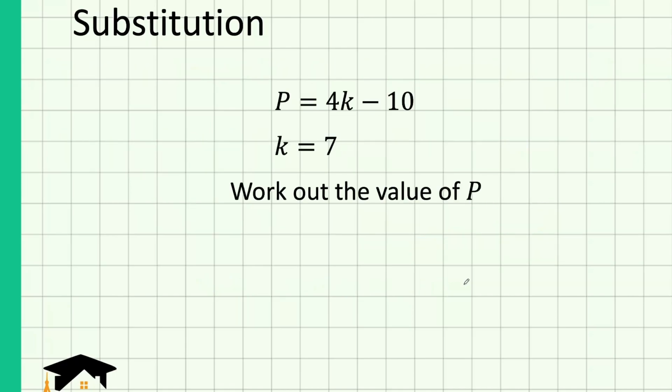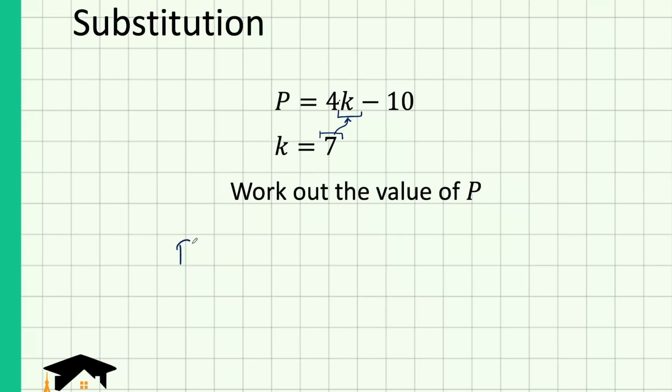Now let's see this one. We have an expression that says that p is equal to 4k minus 10, and the value of k is 7. We have to work out the value of p. So if p is 4k minus 10 and k is 7, we have to put the value 7 where it says k. And again remember that 4k is 4 times 7.